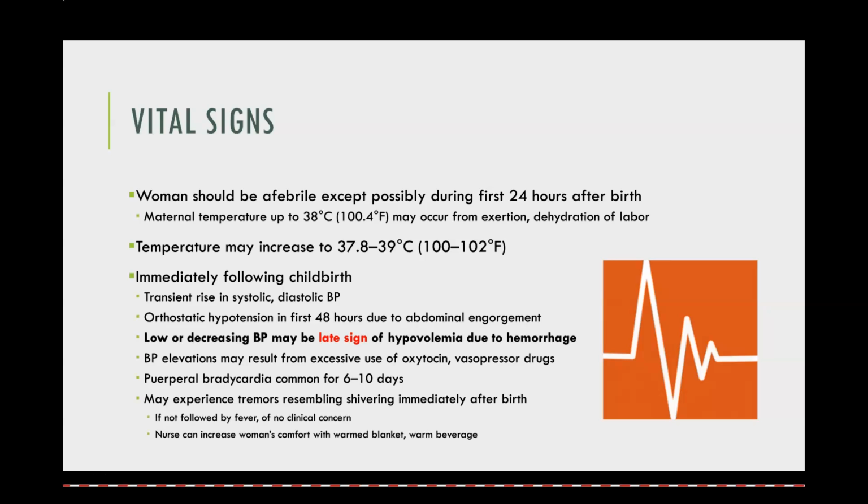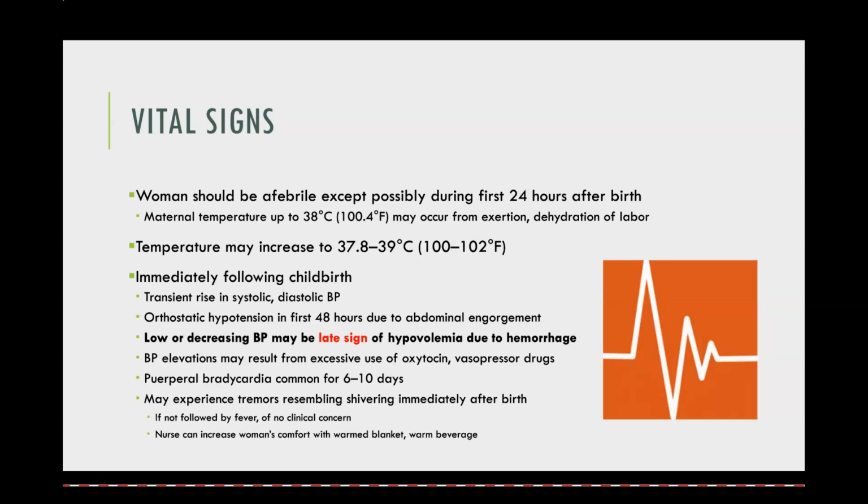All right, vital signs are something that we obviously should be assessing in our postpartum patient. The postpartum woman should be afebrile, except possibly during the first 24 hours after birth. So it is possible for your mom's temperature to be up to around 100.4 degrees in the first 24 hours after birth.